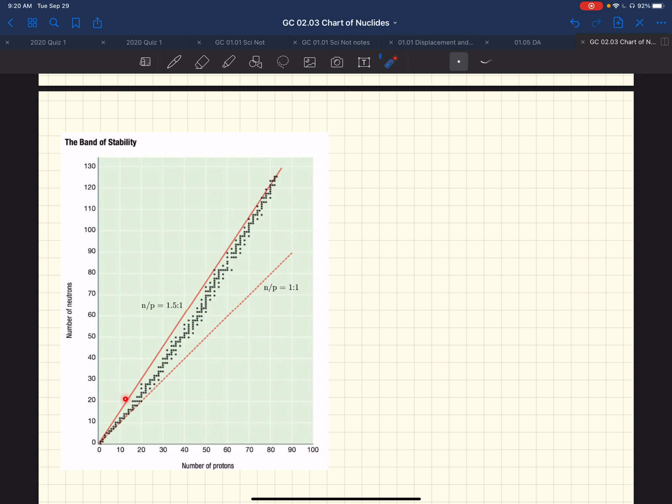It is between a neutron to proton ratio of 1.5 to 1 to 1 to 1. So you need more neutrons in there to balance the fact that the protons want to repel each other. So the neutrons provide the strong nuclear force that holds the nucleus of an isotope together.